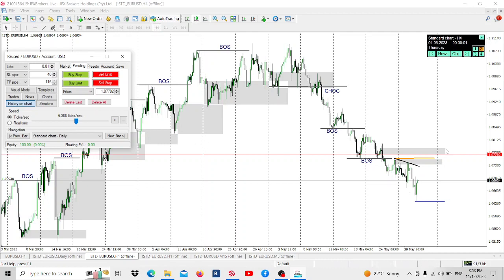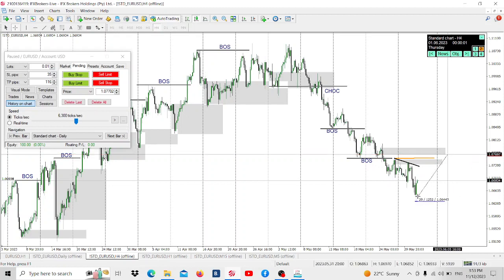Where, how big is going to be my stop loss? My stop loss is going to be, to be on a safe side, let's say 35 pips. Where will my target be?